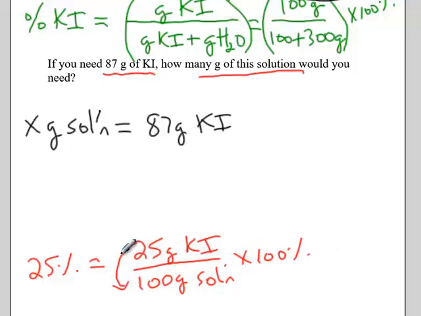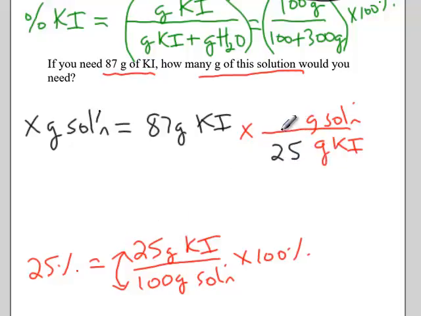And this is my conversion factor that I'm going to use to turn grams of potassium iodide into grams of solution. So I set up my line. I need grams of potassium iodide in the bottom, grams of solution in the top. And then I'm using this conversion factor, 25 grams potassium iodide in every 100 grams of solution.